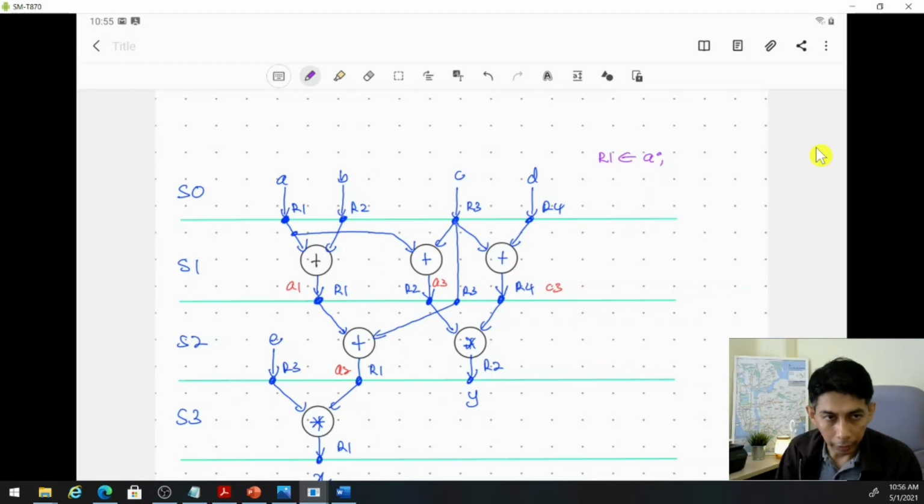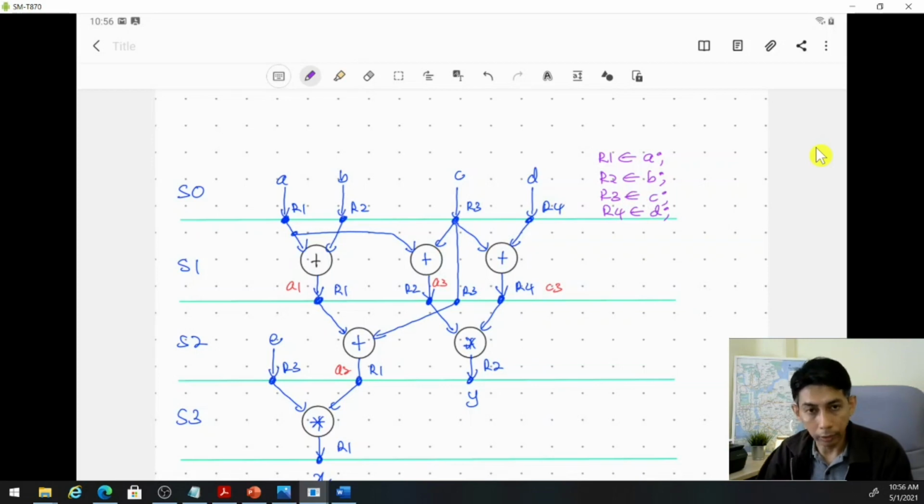The next one is we transfer B into R2. And we transfer C into R3. And the last one is R4. We transfer D into R4. So these are the operations that we do in the first cycle, or S0.